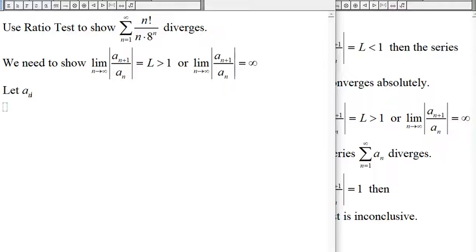So we have a sub n equal to that. And then a sub n plus 1. Then in the place of n, put n plus 1. N plus 1. N plus 1.